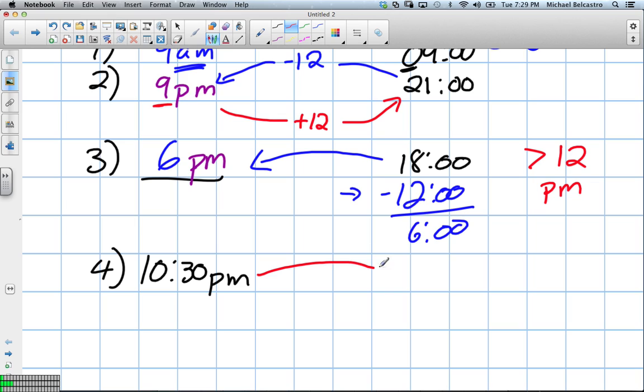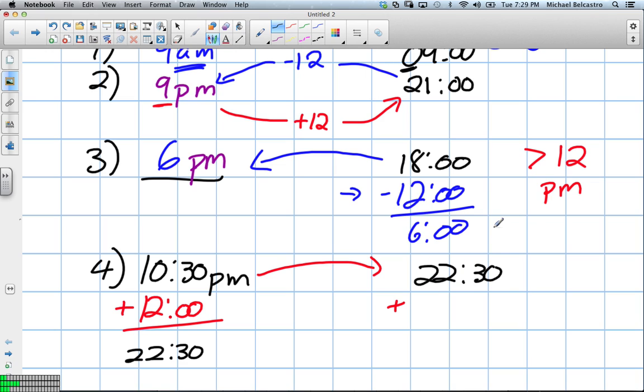This one, we're going over to 24-hour time. So what operation do I need to use? Addition. So we're going to add 12 plus this time, and what are we going to get? 22:30. That's right. So this becomes our time of 2230. Does that make sense going back and forth between these two times?